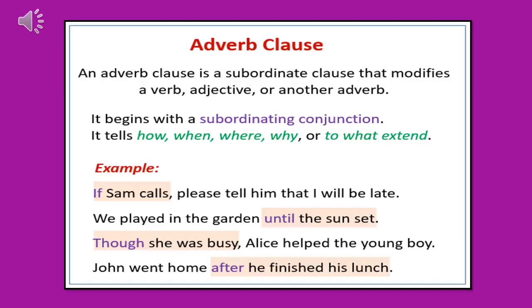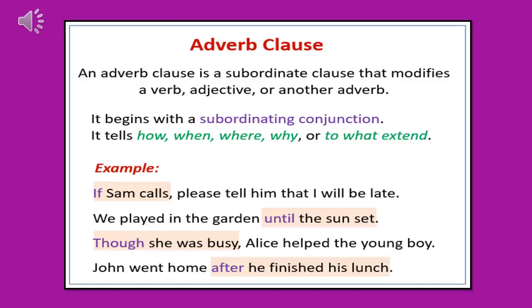Adverb clauses tell us about the verb in the independent clause. And here your main focus should be on how it answers. It tells us how, when, where, why, or to what extent. It begins therefore with a subordinating conjunction.